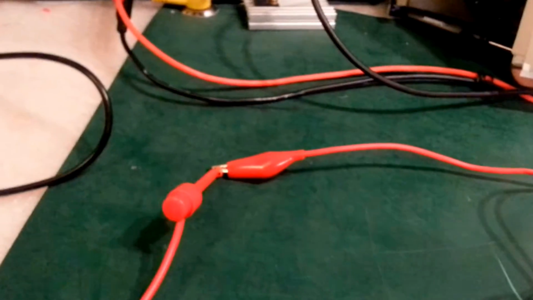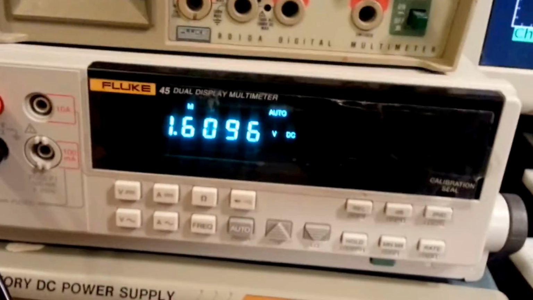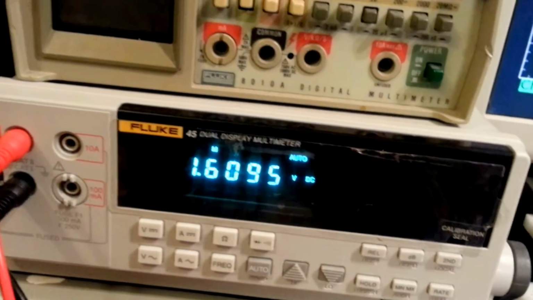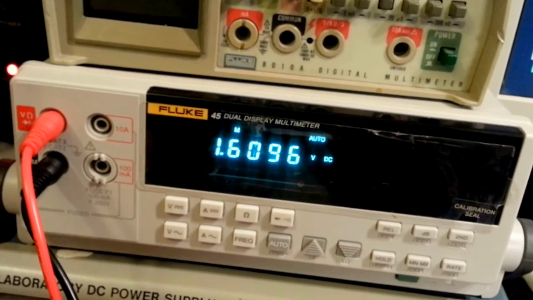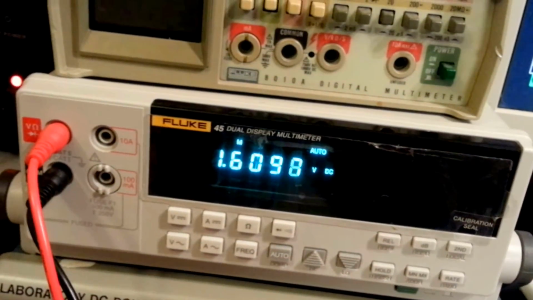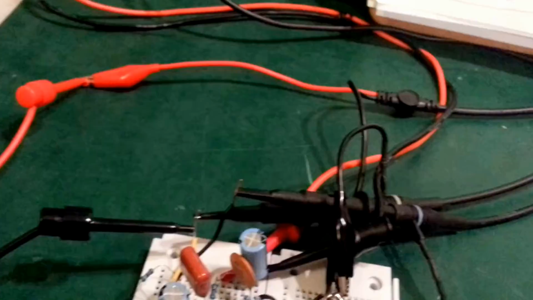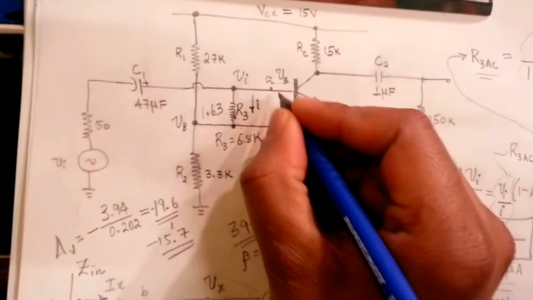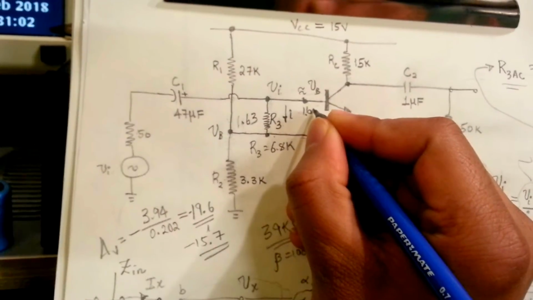Remember before, if we measure the base, which I'm going to show you here, the base is around, as you can see, 1.6 now, and before it was 1.63. So that's the base voltage here. The reason is because at R3, I just measured here, it's 1.61.